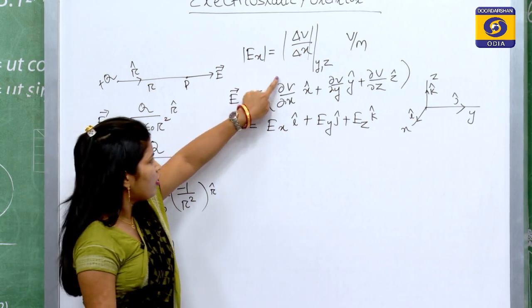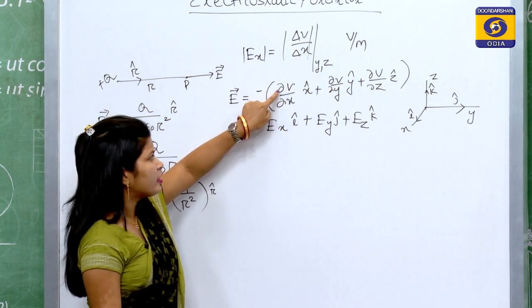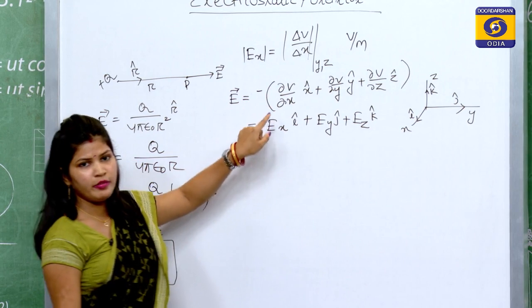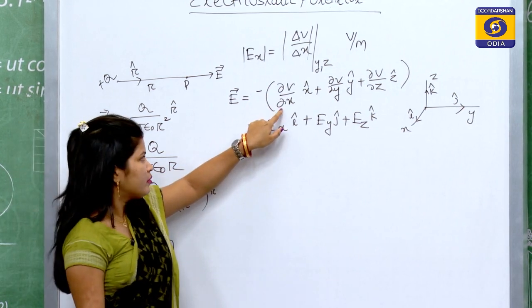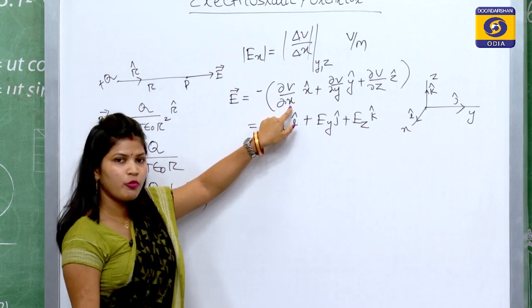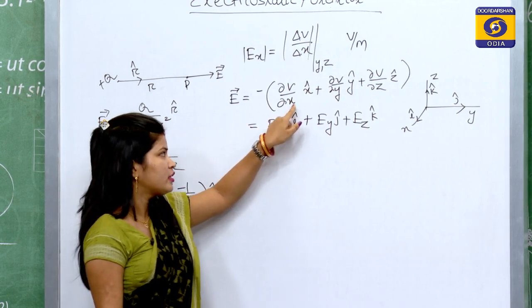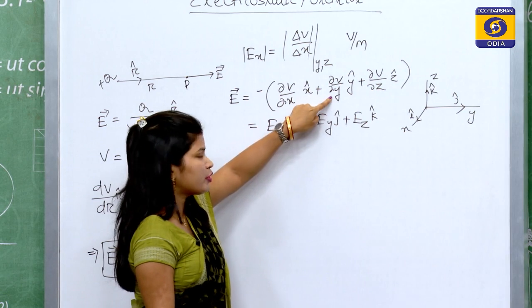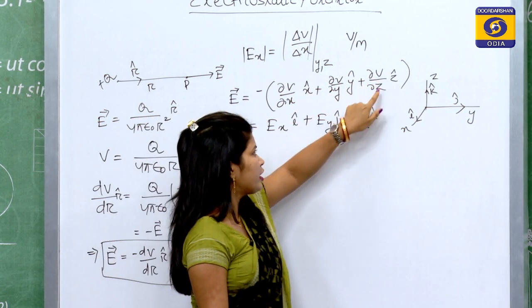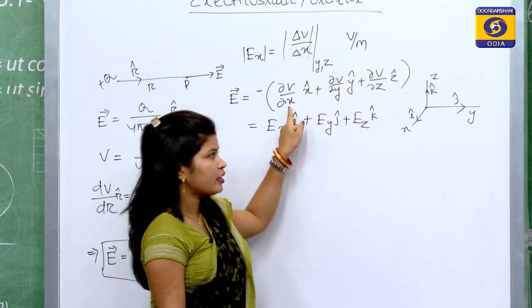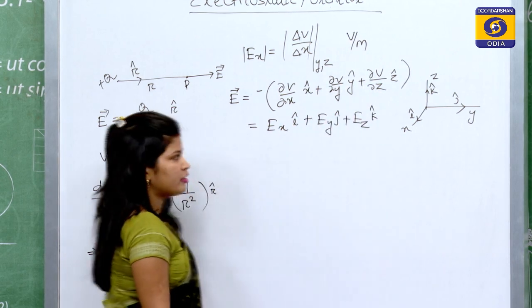So, this curly d represents partial derivatives. That is, when I do derivative with respect to x, then y and z will remain constant. When I do derivative with respect to y, x and z remain constant, and when I do derivative with respect to z, x and y will remain constant.